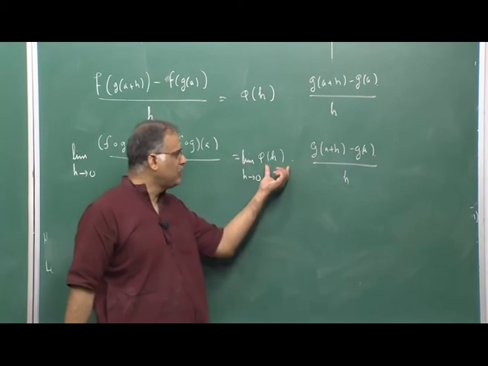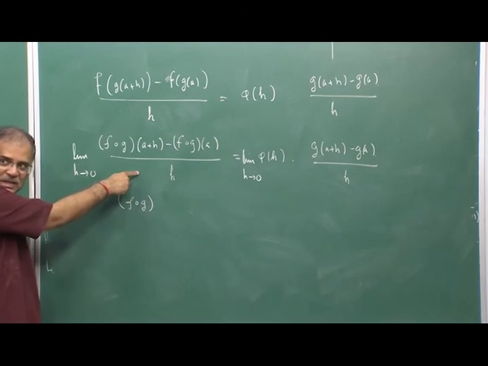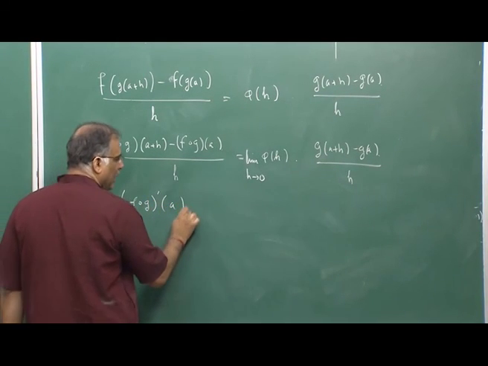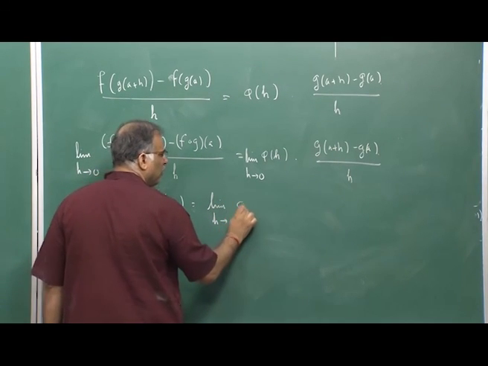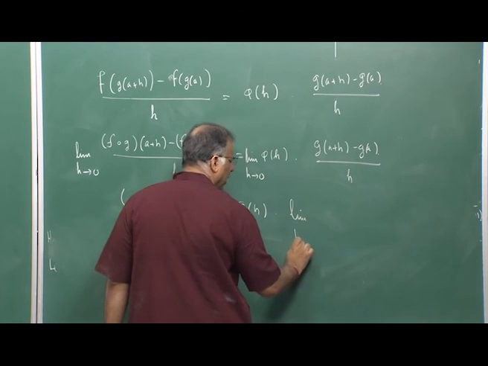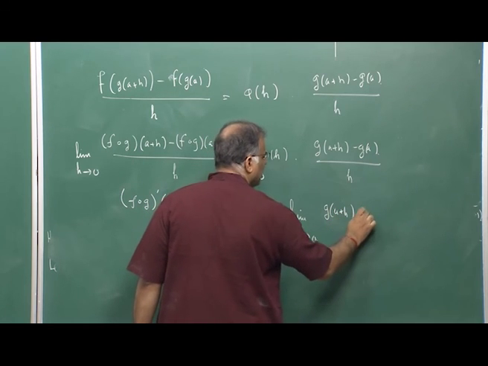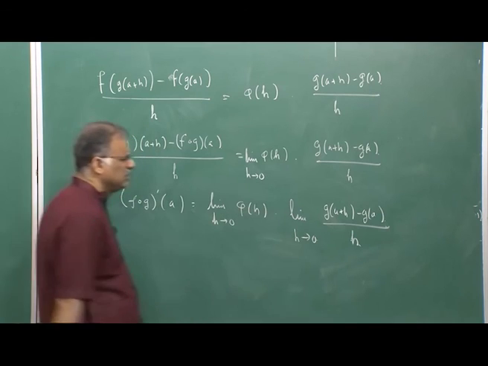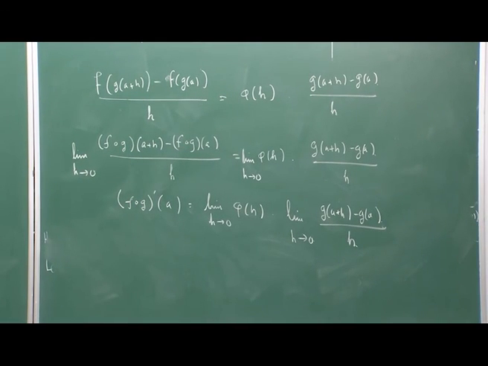Because the limits of these two quantities exist, the limit of this side must also exist, and hence f compose g is differentiable at a, and this is the limit as h tends to 0 of phi of h into the limit as h tends to 0 of g of a plus h minus g a by h, and you have already proved that the limit of phi h exists.